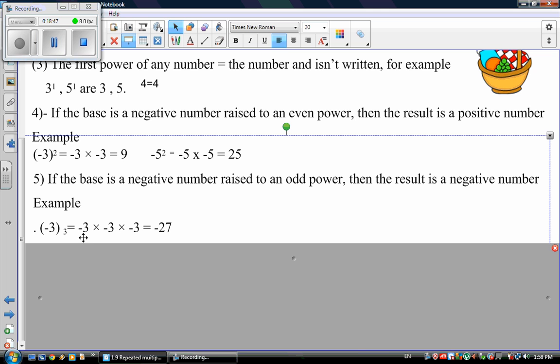Power 3 means multiply negative 3 by itself 3 times. Negative 3 times negative 3 times negative 3. We have to multiply the sign first. Negative times negative will be positive, and positive times negative will be negative. So we are going to put a negative sign. Then multiply 3 times 3 times 3. The answer will be 27. So you see that the base is negative and the power is odd, so the result is a negative number as shown.